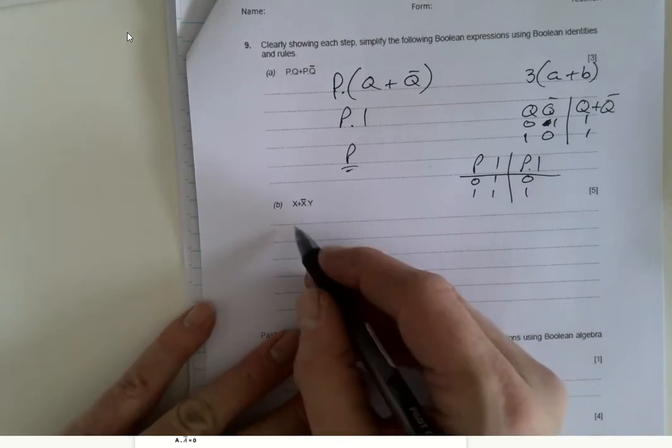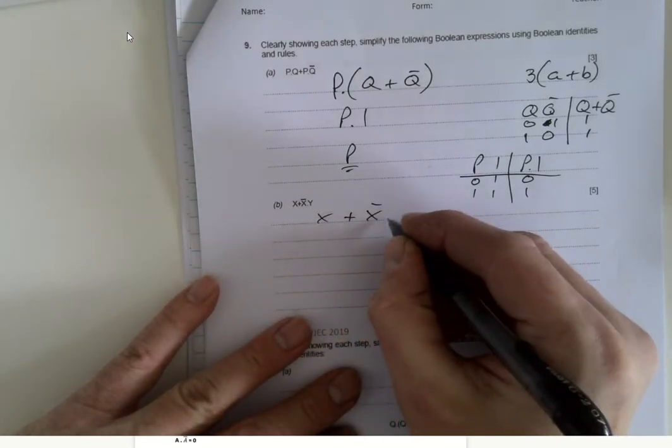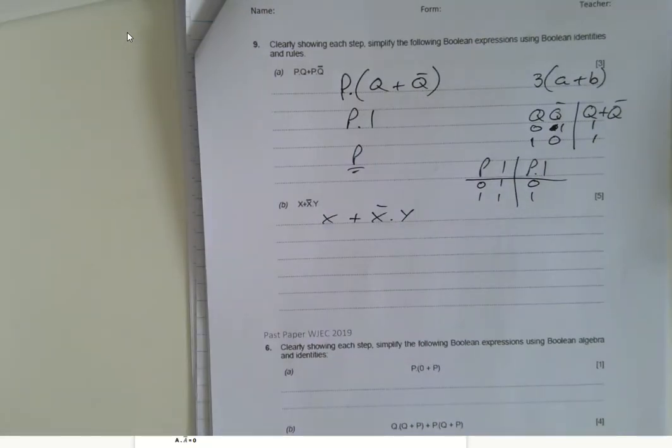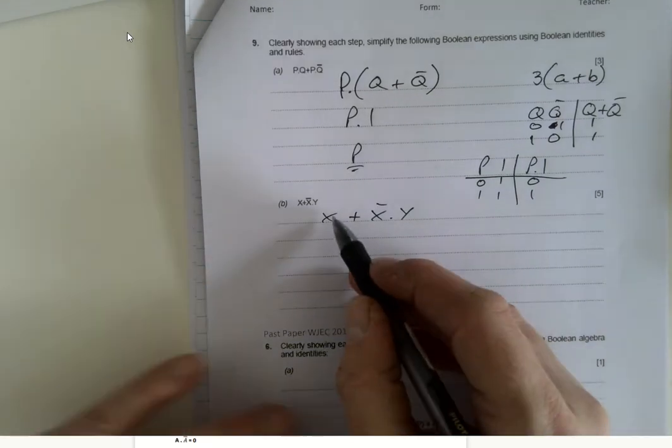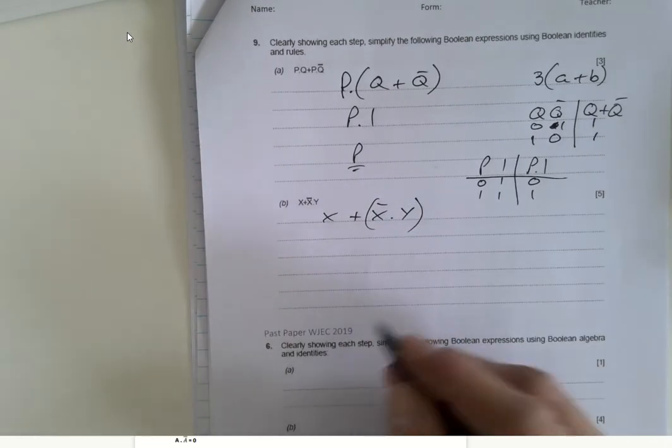We got that. Now X or not X and Y is worked out slightly differently. What I'm going to do here is the distribution law again the other way round. So this time I'm going to do similar to if I had that in brackets. That's what we're really saying.